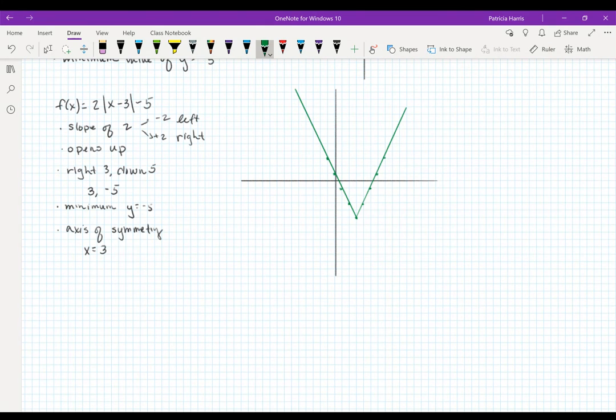Okay, so there's just 2 examples of graphing. So we'll do more, but I'll probably upload those at a later time. All right, see you soon.